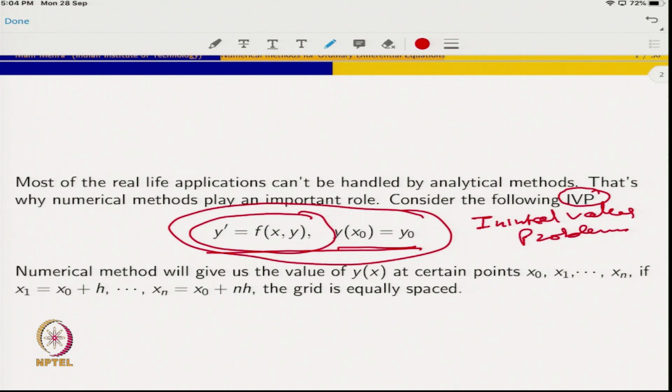So, before going to the domain of numerical solution, we should make sure that the solution exists as well as is unique. After that we try to solve it numerically. Because if there does not exist a solution and we are trying to solve it numerically, it is a wastage of time. At the same time, if there are infinitely many solutions and we are trying to solve it, sometimes we will get one solution, other times we will get another solution, and we will not be sure which is the solution.